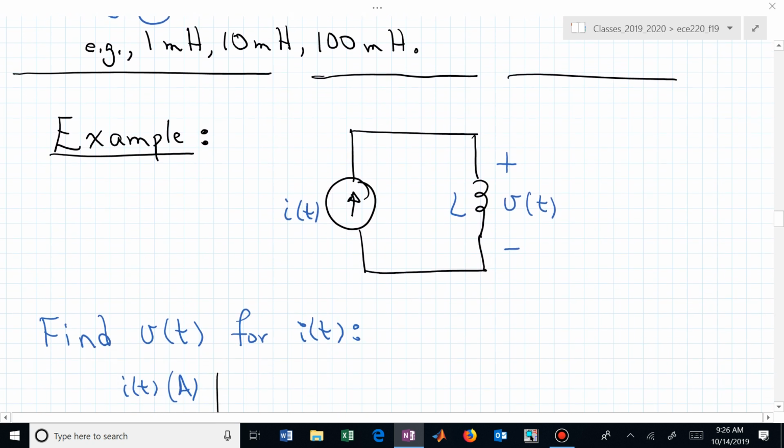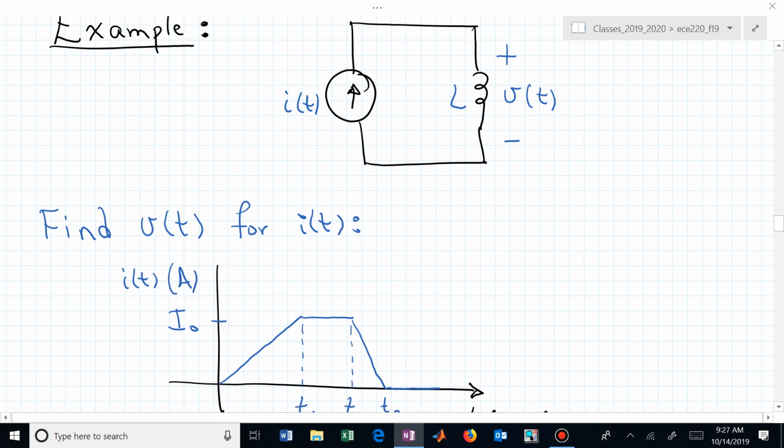Let's look at an example. Suppose we have a coil, an inductor, connected to an independent current source in a series loop. And now I'm going to provide to you the shape of the current. Here's the current waveform, I of t, that I'm establishing with this independent source.